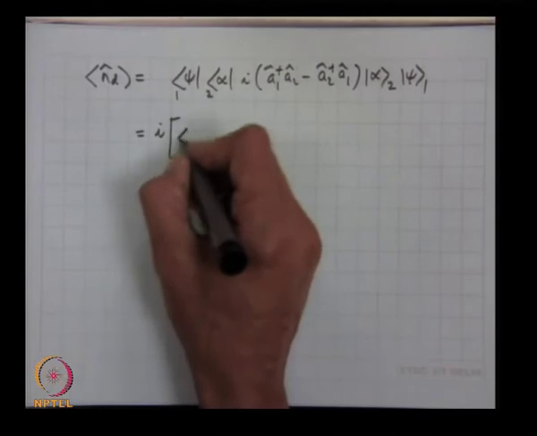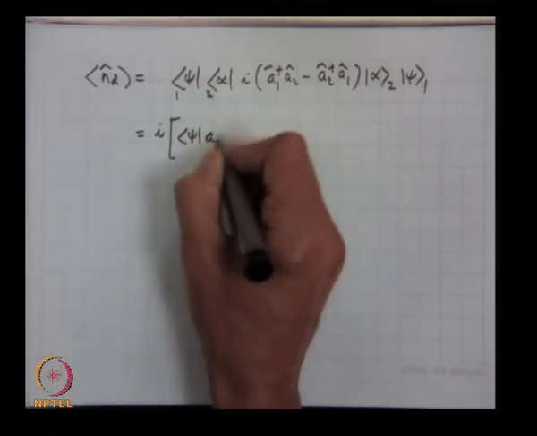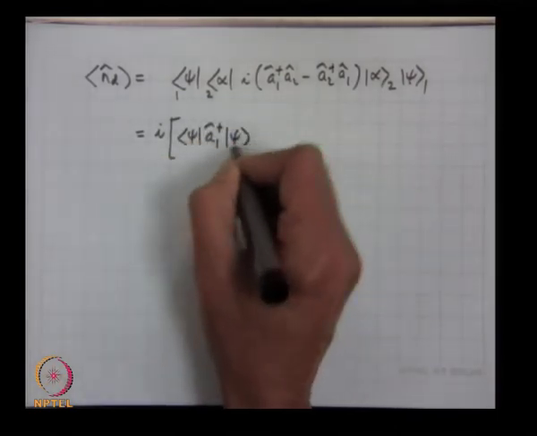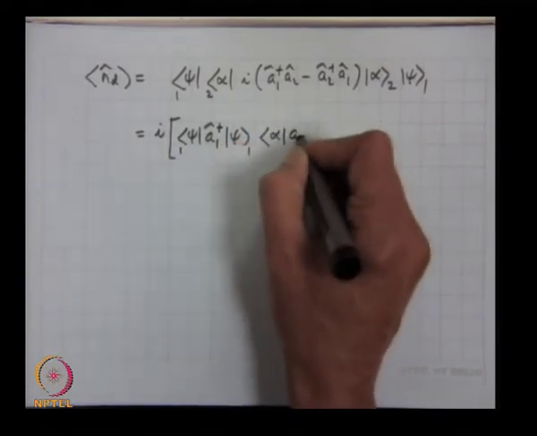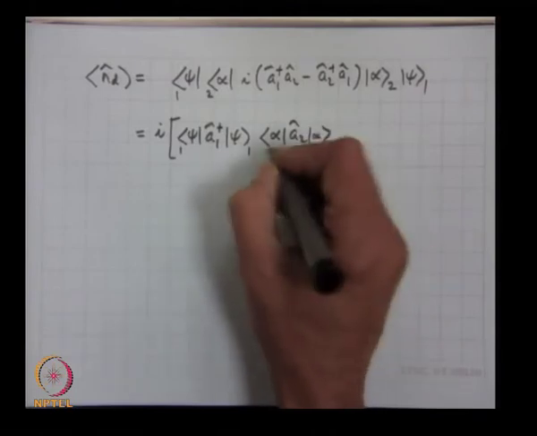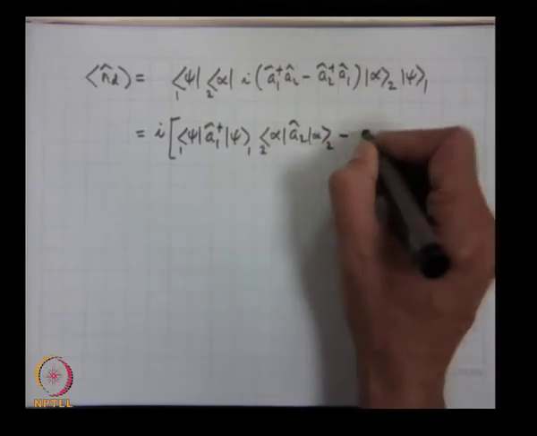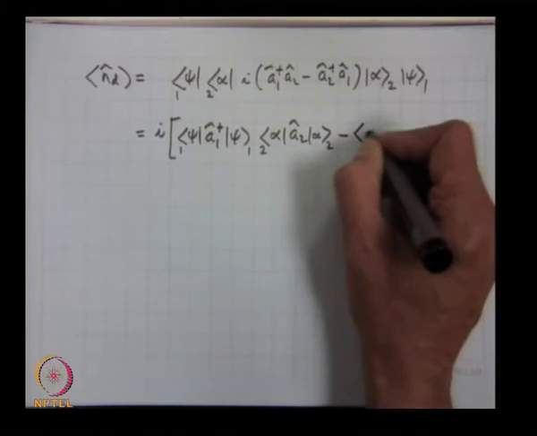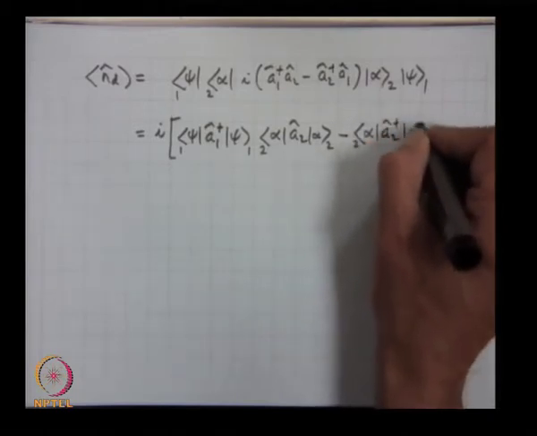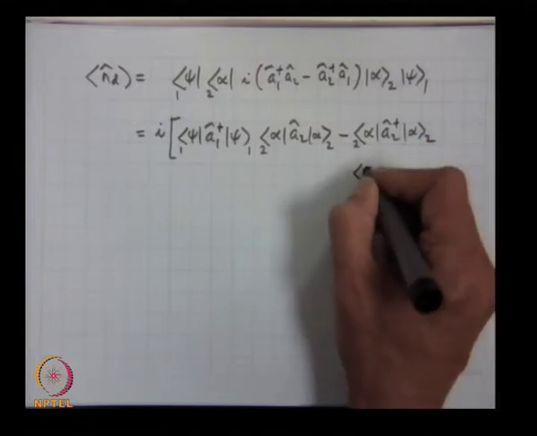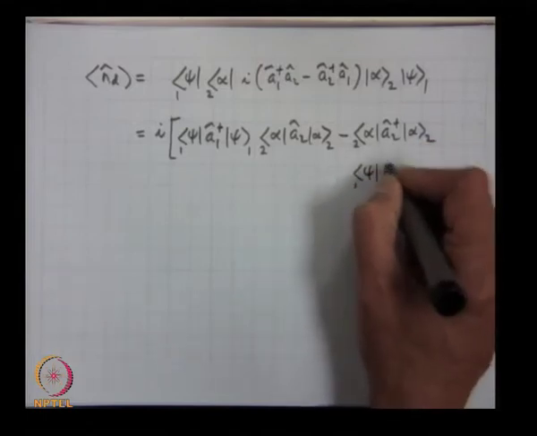So I will have psi A1 dagger psi into alpha A2 alpha, minus alpha A2 dagger alpha into psi A1 psi.